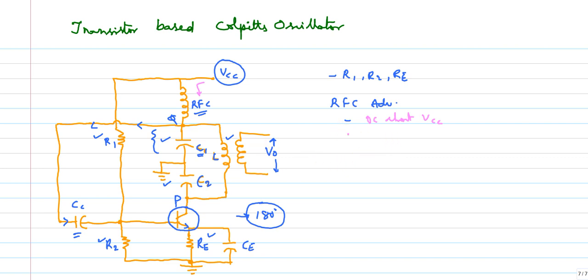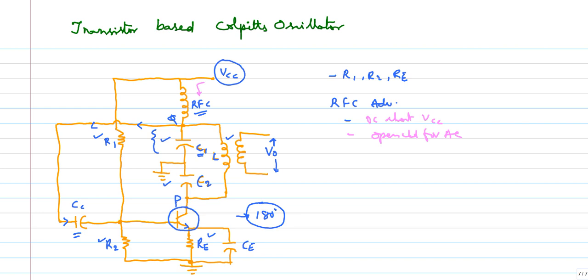So no AC component enters VCC or comes from VCC. This ensures that the top end of the tank circuit is not connected to AC ground, so whatever is available there in terms of AC should be fed back to the transistor.